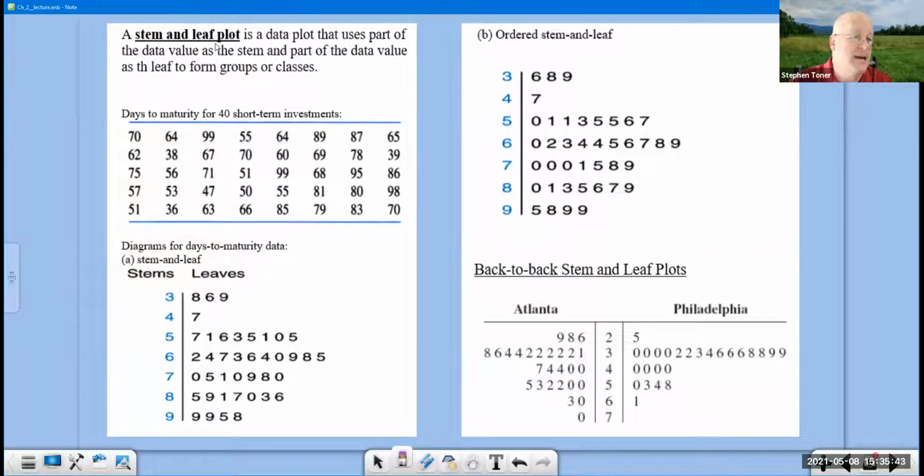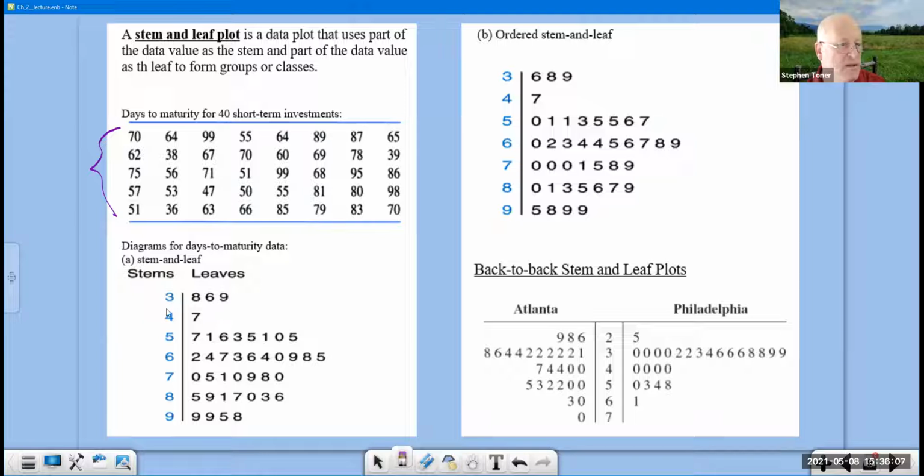A stem and leaf plot is a data plot that uses part of the data value as the stem and part of the data value as the leaf. So I have 40 data values here. The context isn't important, but basically we use the tens column as the stems and the units digit as the leaves.